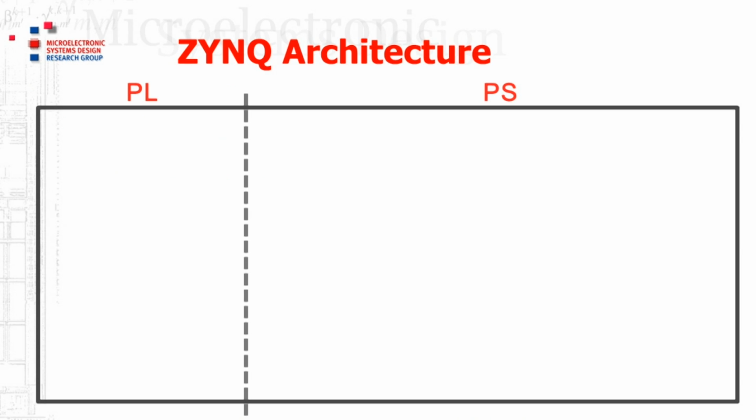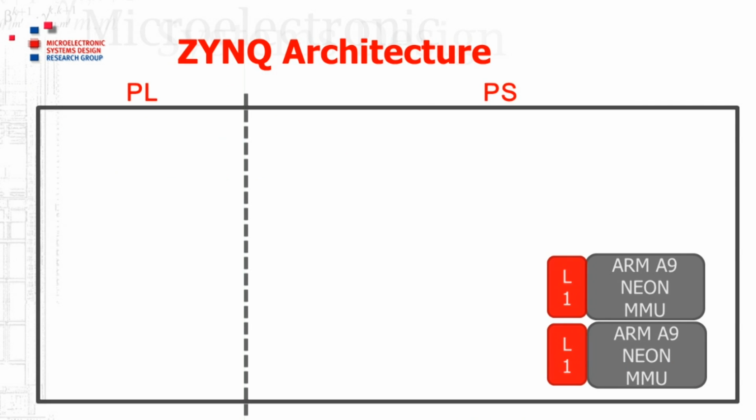The Xilinx ZYNQ is divided into two parts, the PS and the PL. The PL is roughly an FPGA, similar to the other FPGAs that we have seen before. The PS is new. The PL stands for programmable logic. The PS stands for programmable system.